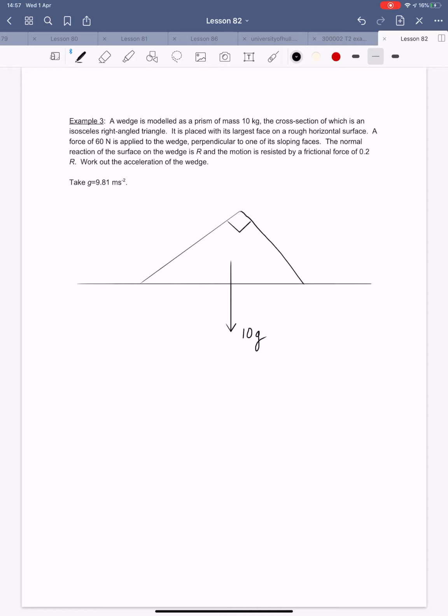A force of 60 newtons, sorry, not 60 degrees, is applied to the wedge perpendicular to one of its sloping faces. The normal reaction of the surface on the wedge is R, and the motion is resisted by a frictional force of 0.2R. Friction opposes motion. Work out the acceleration of the wedge.